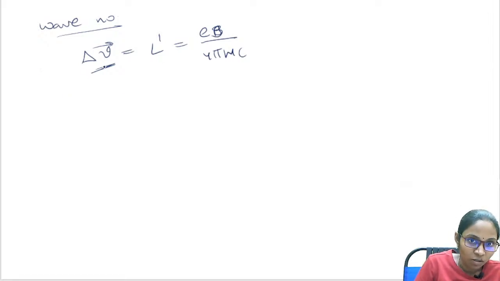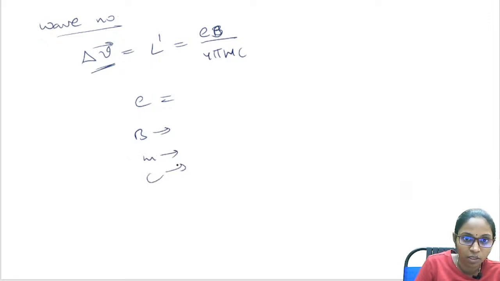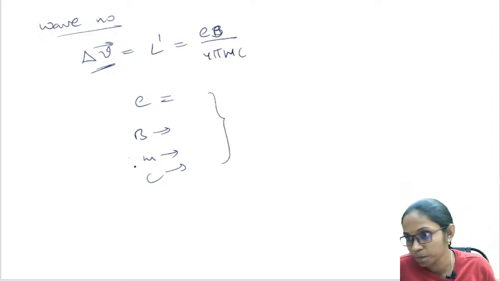And this delta nu bar is nothing but the separation between the consecutive Zeeman levels. You just substitute these constants, find out the value and let me know the value. Write in the comment section.